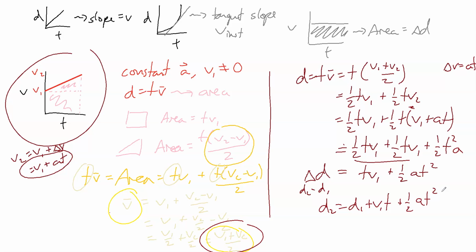Now, the great part about it, a lot of the time, these things are often equal to 0. For example, if you're at the origin, D1 is equal to 0. If you're starting at rest, V1 is equal to 0, and both these terms can disappear. If you have no acceleration, then this entire term is equal to 0, and all you're really left with is basic DTV.